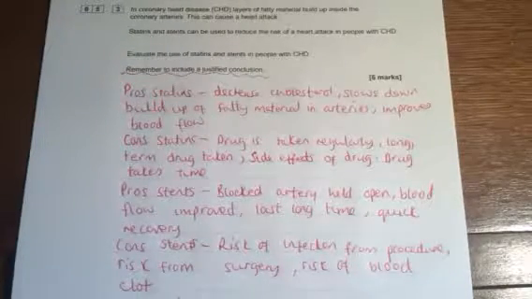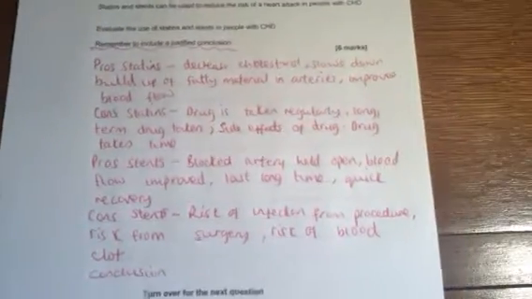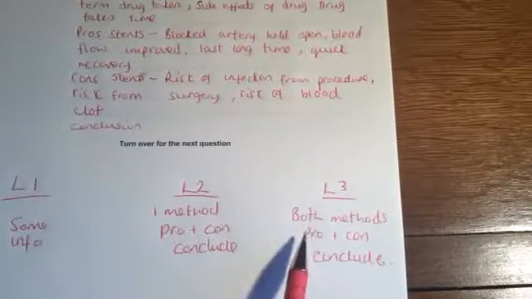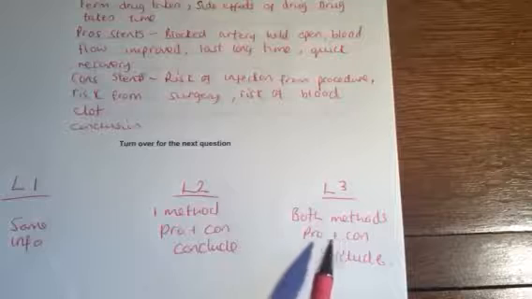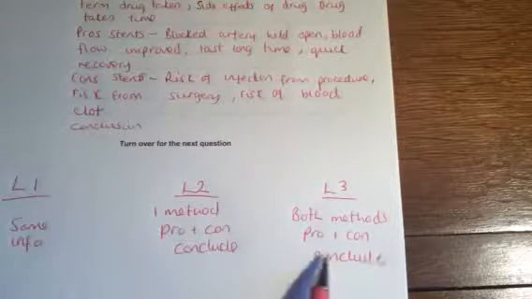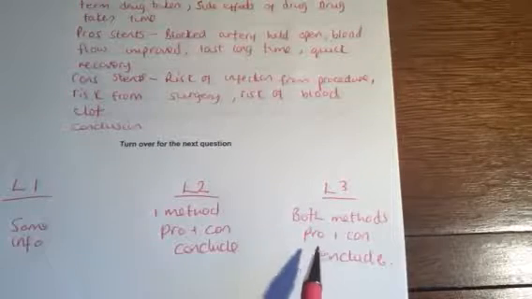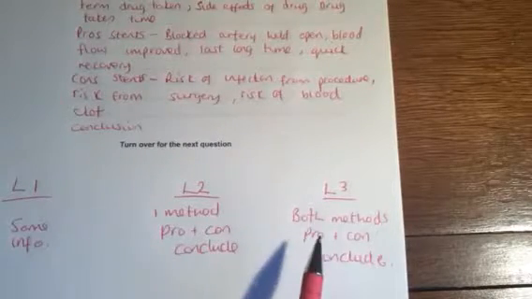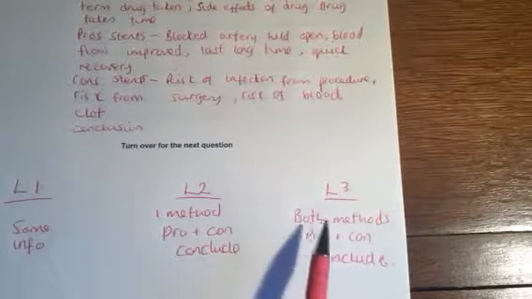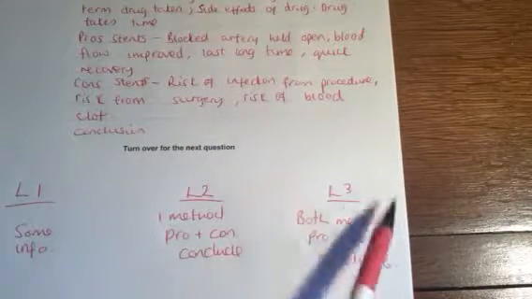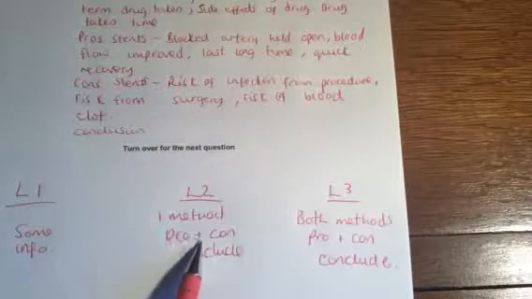Now, this is one of those levelled answers. With an evaluate question, you've got to give pros and cons, and because it's asked you to conclude, in order to get up to that high level, you have to do that. And for both statins and stents, you have to evaluate them both, and then conclude to get up into that higher level.